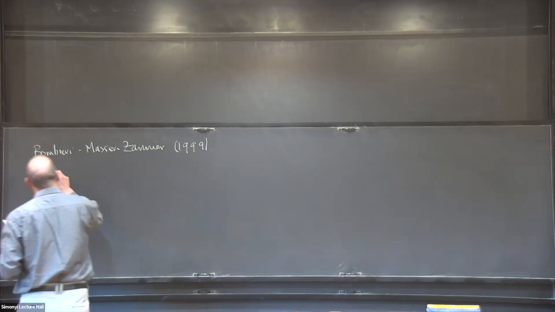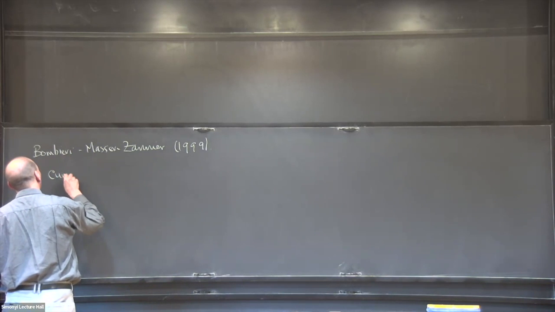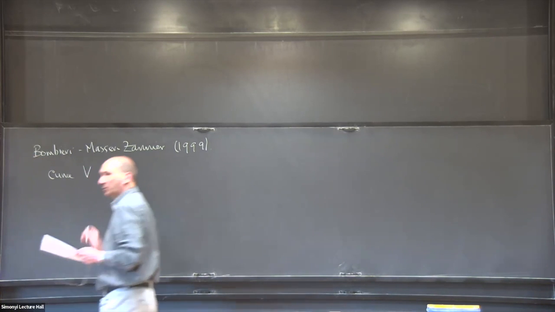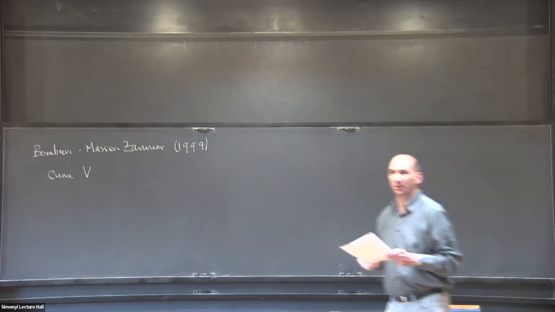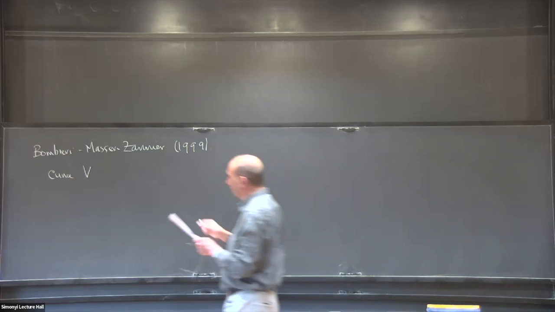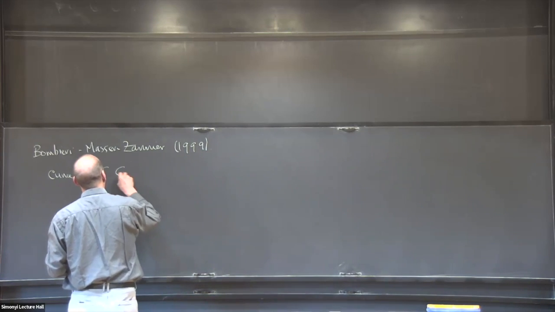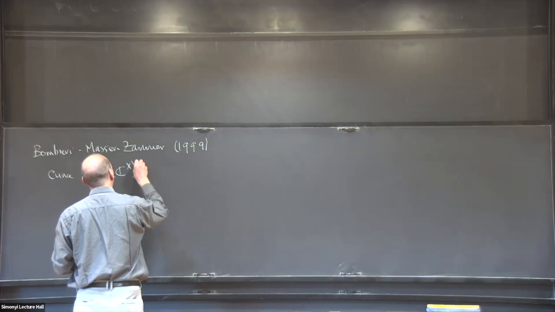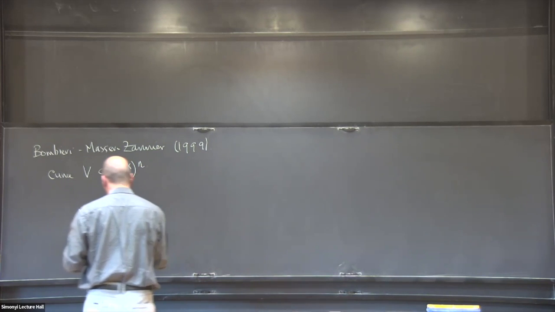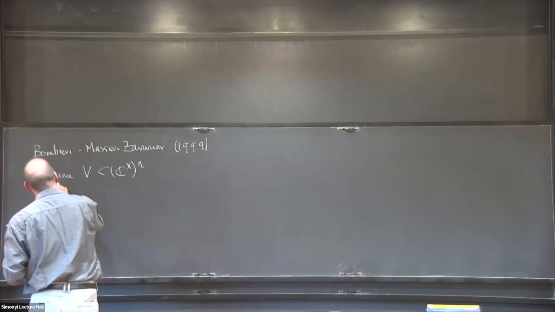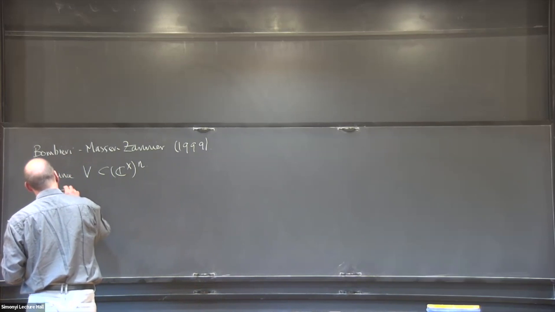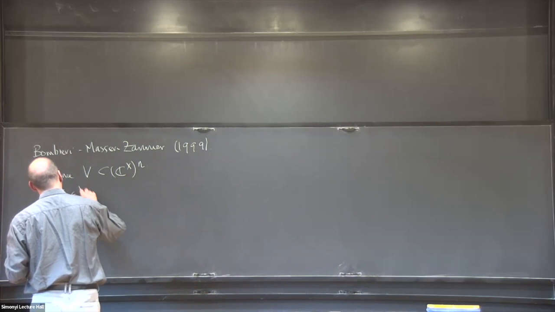So we consider a curve V, an algebraic curve, so the zero set of some polynomials in the nth power of the multiplicative group. And we want to consider the set of points on this curve.